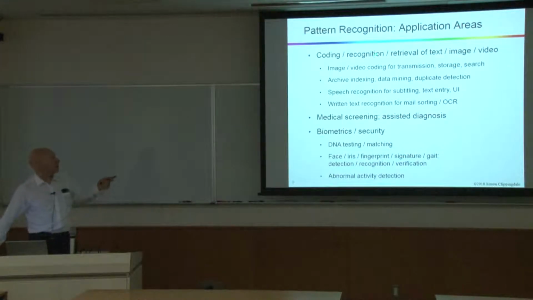Application areas for pattern recognition are coding, recognition and retrieval of these various patterns, text or image or video. So, for example, image and video coding, which I'll say a bit about in a minute, for transmission, storage and search. Archive indexing: for example, NHK, where I work, has a lot of TV footage in a big archive building, and they would like to be able to search this archive based on content.